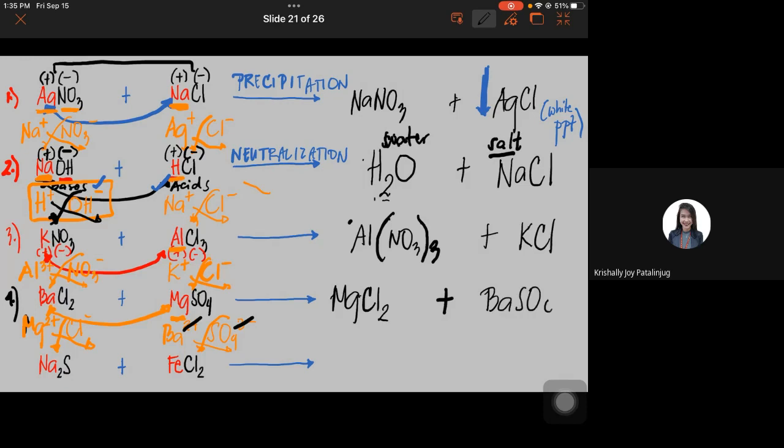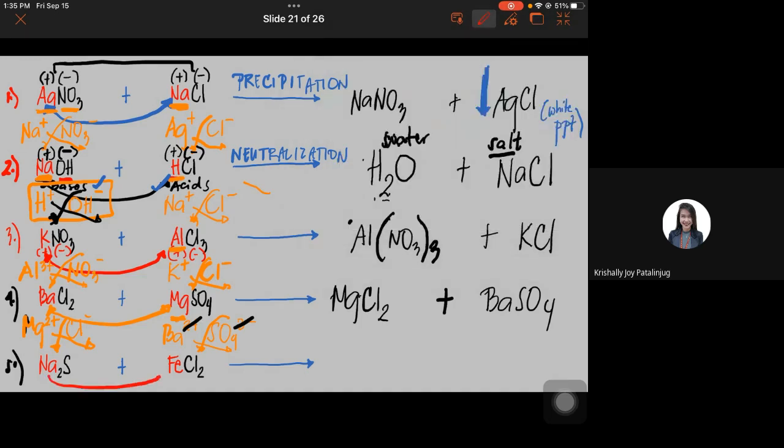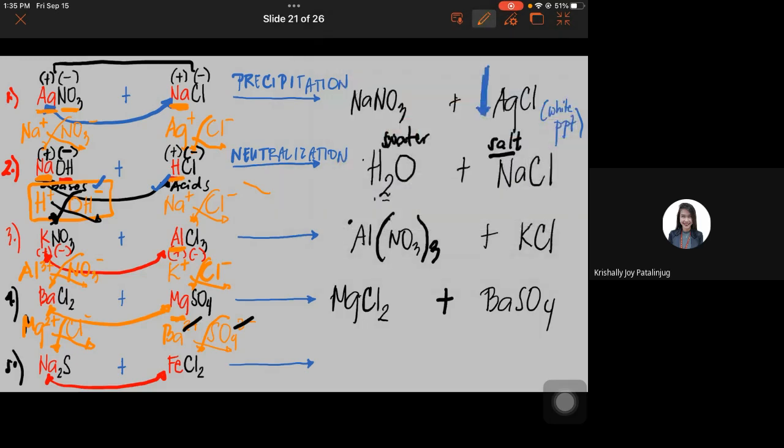Barium sulfate is BaSO4. And then lastly, you have sodium sulfide reacted to ferrous chloride. So same thing, you switch the cations, sodium and ferrous or iron. So in replacement of sodium, you now have iron. Iron is 2 plus.